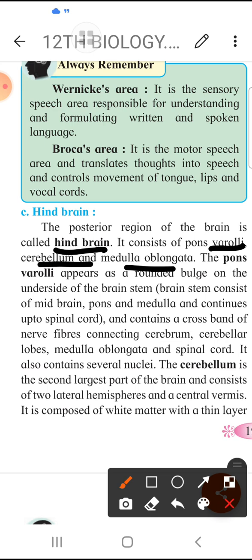And when you talk about the brain stem, जो brain को hold करता है, we call that as brain stem. So your brain stem has midbrain, pons, medulla up to spinal cord. Right, we know that spinal cord is the extended structure of your medulla oblongata.